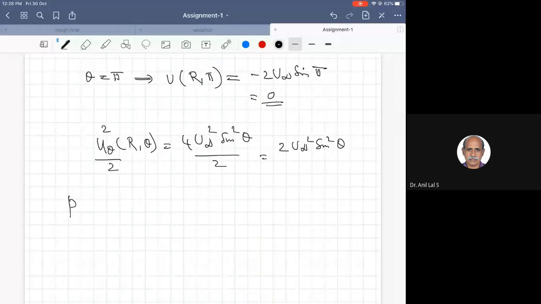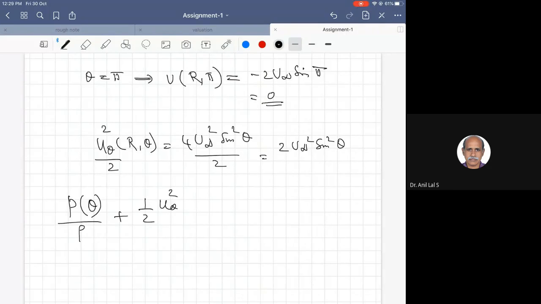So the pressure at any theta, plus P by rho, and this way you get the pressure at any point.